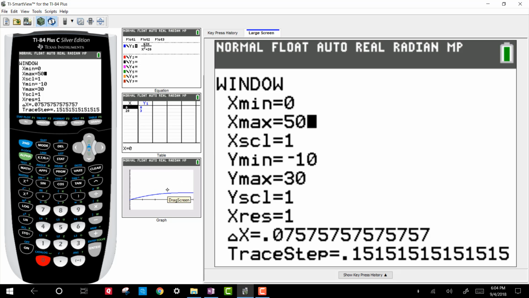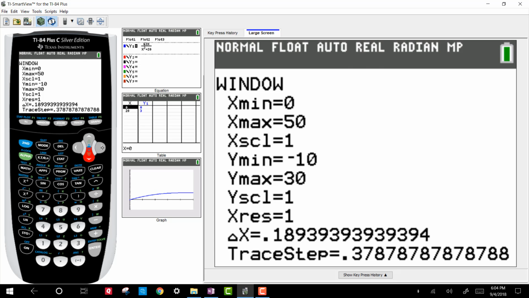So normally you just have to take a guess at your y max, okay? And it doesn't look like I'm going much below at all, so I'm going to adjust those numbers as well. So I'm going to adjust my y min maybe to -2. Okay, we'll go ahead and take off the 20 there, make that -2.